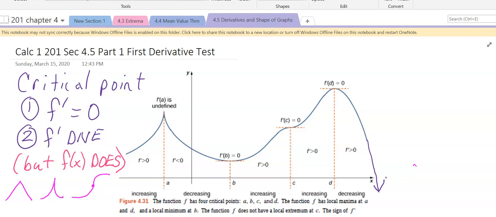The next value that we see that has a critical point is at c. C is an interesting point because the first derivative is 0 here, but it is not a relative maximum or a relative minimum. This is what I tend to call a saddle point.